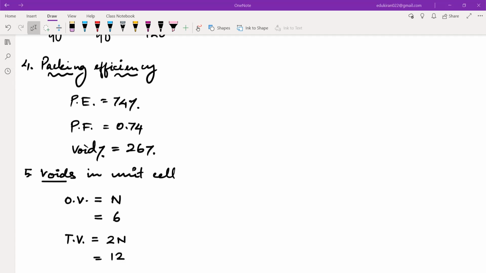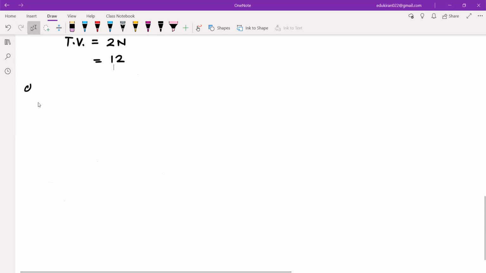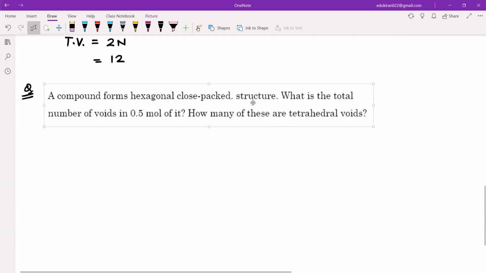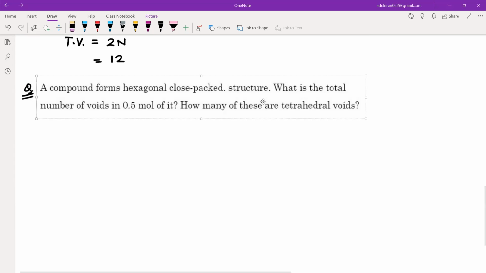Now there is a question regarding the voids. Now this will clear things up for you. So you may write this question. A compound forms hexagonal close packed structure. What is the total number of voids in 0.5 mole of it?